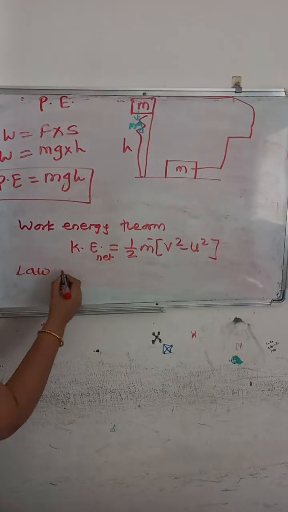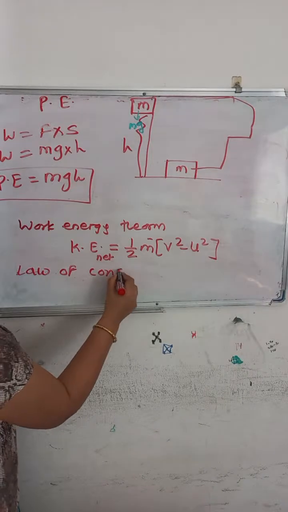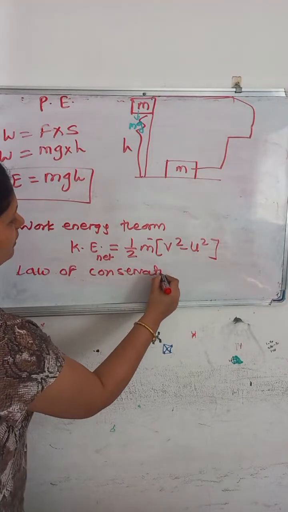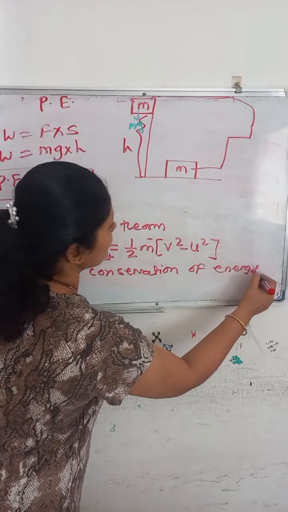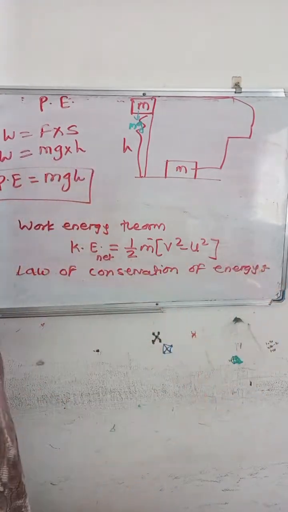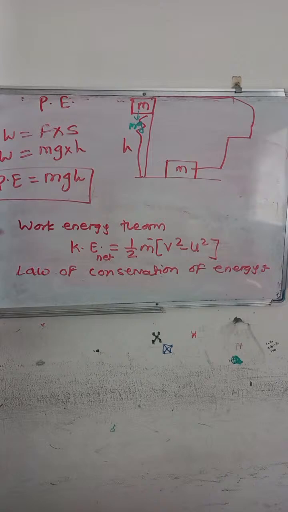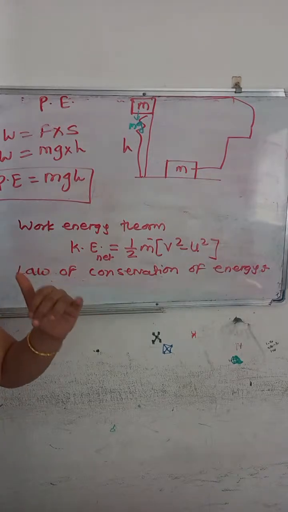So everyone knows the law of conservation of energy. 100% this statement will come for at least 1 mark. So what is the law of conservation of energy? This law states that energy can neither be created nor be destroyed, but we can convert it from one form to another form.